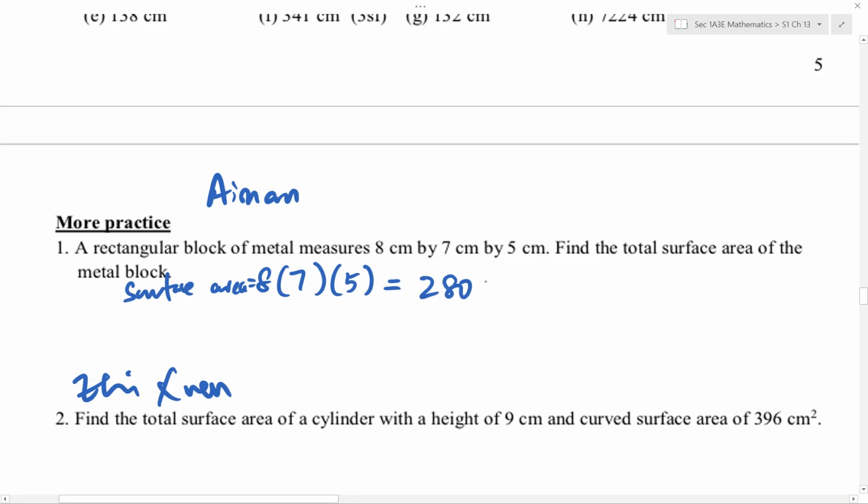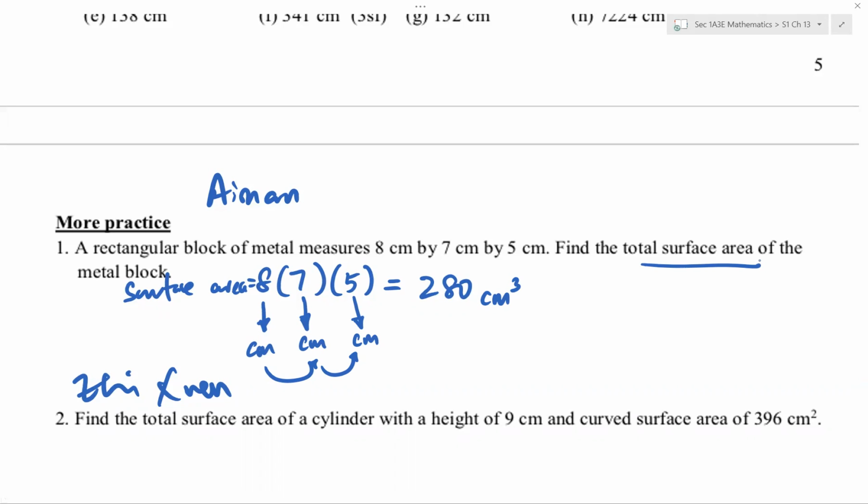Is this your answer? Okay, Aiman, help me out over here. What are units for 8 cm? Units for 7? Units for 5? Cm times cm times cm. What are the units? Cm cube. What did they want? Surface area. What are units for area?